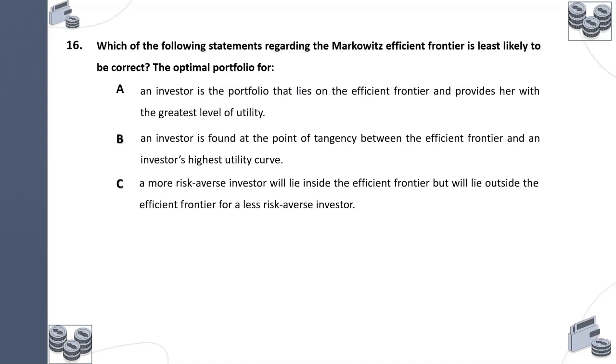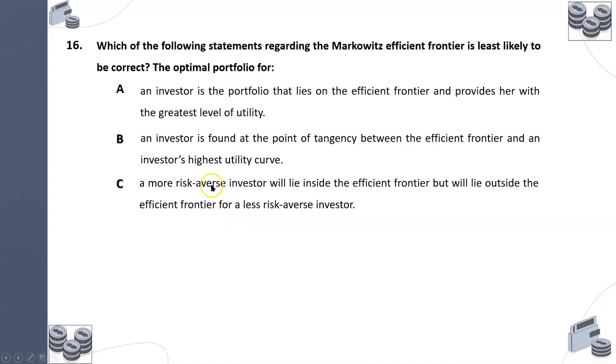And also if it is on the line tangent to that frontier. So both these answers are correct, and we are looking for the least likely to be correct. That means it should most probably be C. Let us read it. The optimal portfolio for a more risk-averse investor will lie inside the efficient frontier, but will lie outside the efficient frontier for a less risk-averse investor.